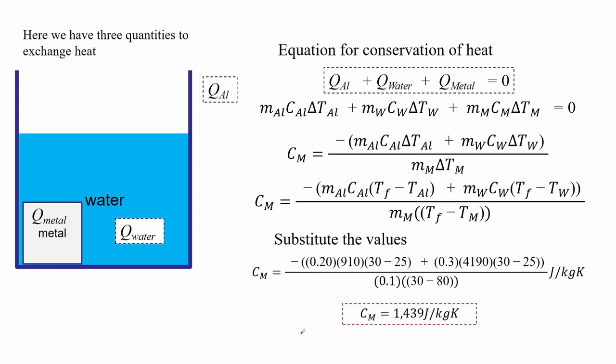So, we can imagine that this one will lose heat and the other two quantities will gain heat. We then write the equation corresponding to these quantities and rewrite it to solve for the specific heat capacity of the unknown metal. We get that the value of the specific heat capacity is 1439 joules per kilogram Kelvin.